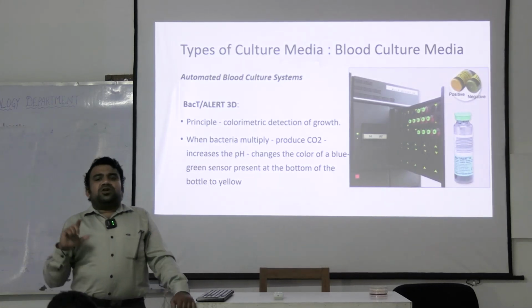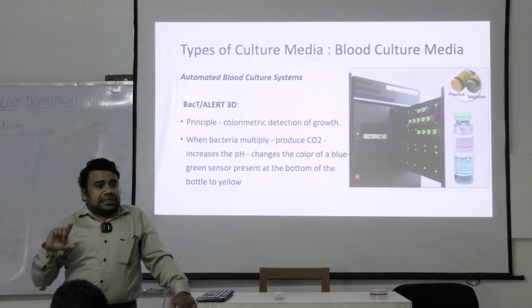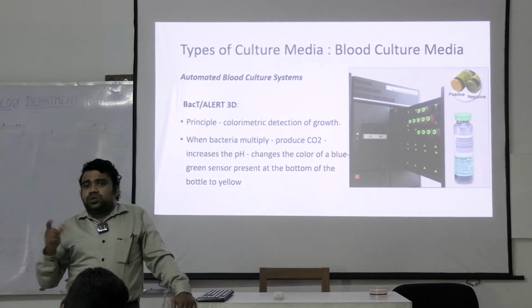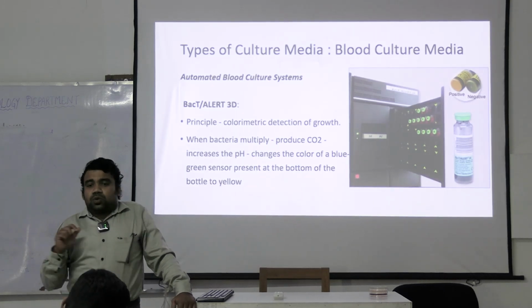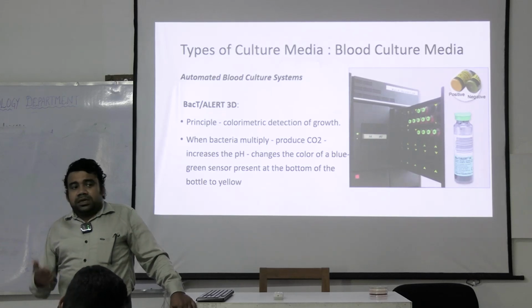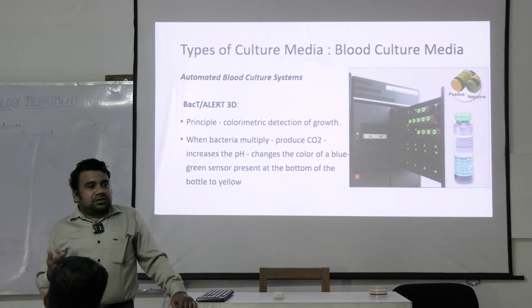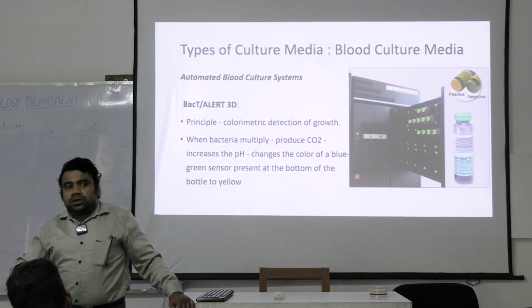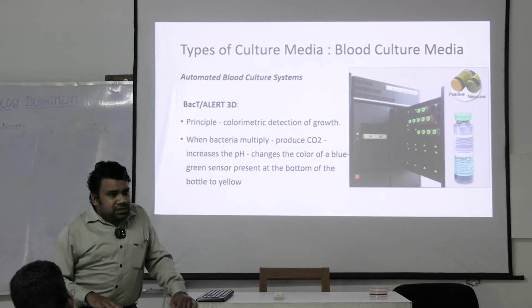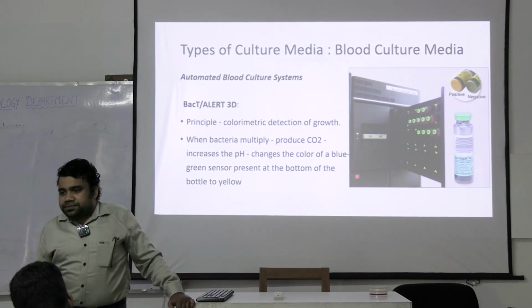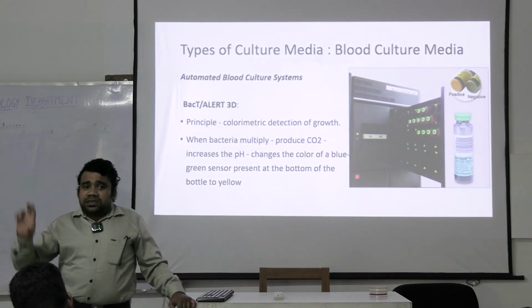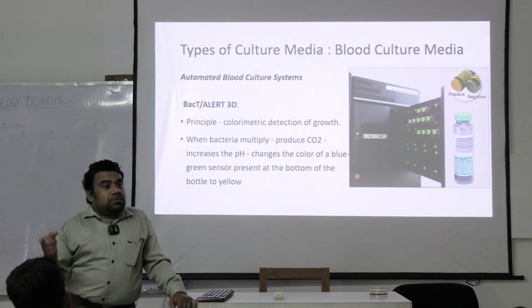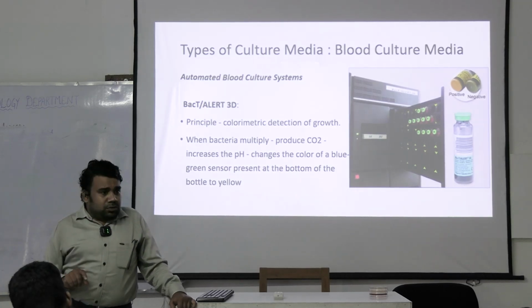When the concentration of oxygen in the solution decreases, this disc will change in color. So what the machine does is, it detects the change of color of the disc. Now if a bacteria grows, oxygen concentration will decrease, the disc will change in color, and the machine will say, okay, this is the bottle which could possibly have bacterial growth.